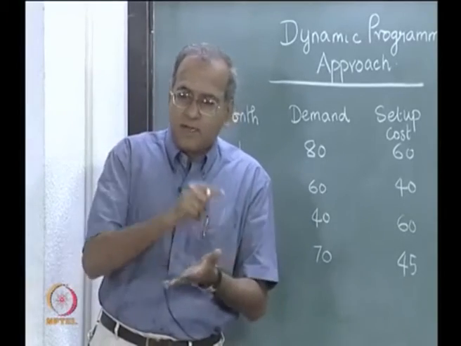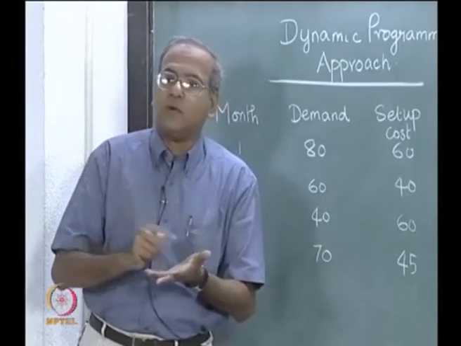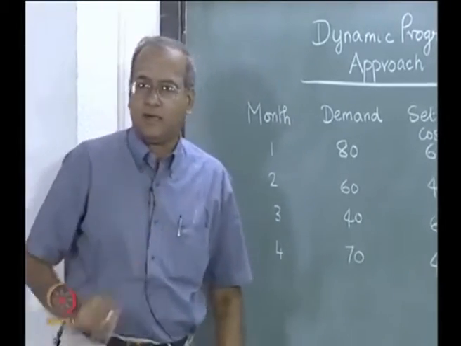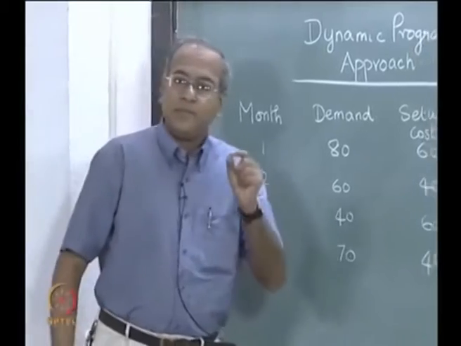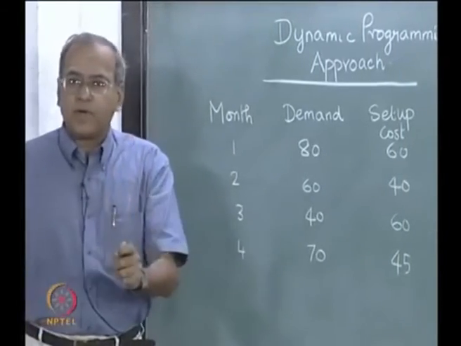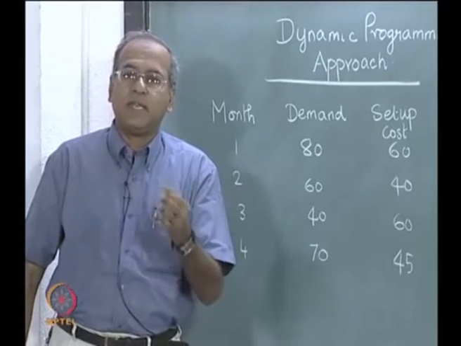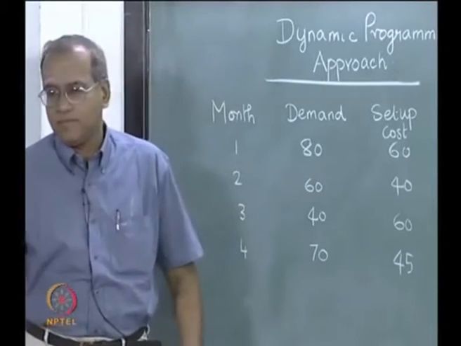So the Wagner-Whitin algorithm works around these ideas. There are two important points. One, there will be production in a particular month only when the beginning inventory is 0.